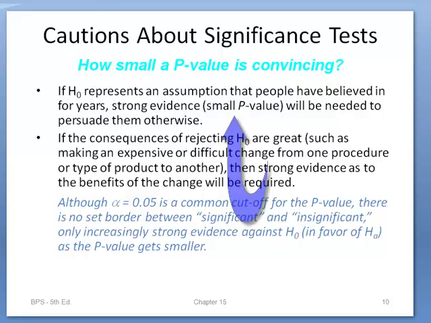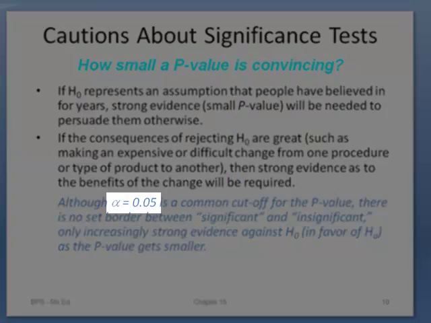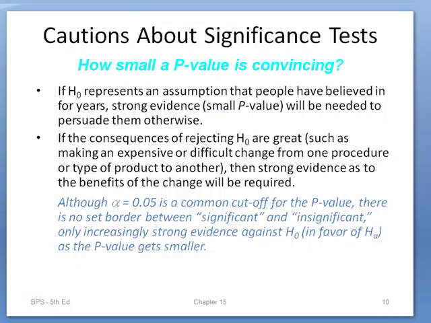Now, a significance level that's commonly used is 0.05, and it is our common cutoff for the p-value. However, there's no set border between significant and insignificant, only increasingly strong evidence against the null in favor of the alternative. So as our p-value gets smaller, that gives us increasing evidence to go in favor of the alternative hypothesis.